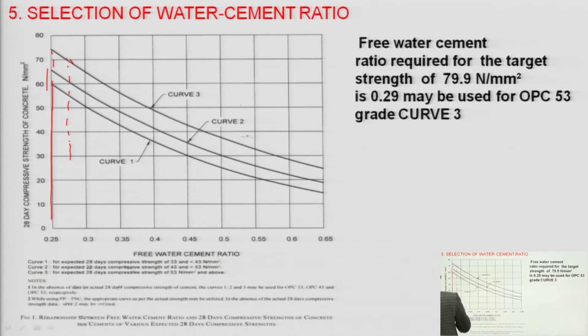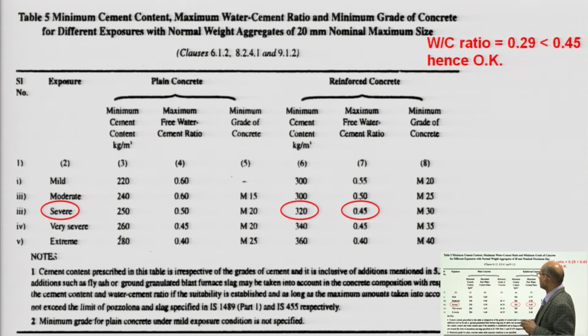This is giving approximately M25 for 53 grade concrete, and it is generally used for standard concrete. You can also refer to the table for the conditions: the maximum free water cement ratio for severe condition is 0.45, and the minimum amount of cementitious material you have to use is 320 kg.